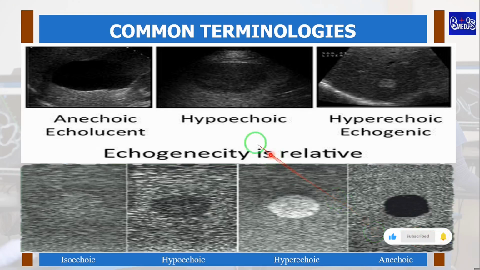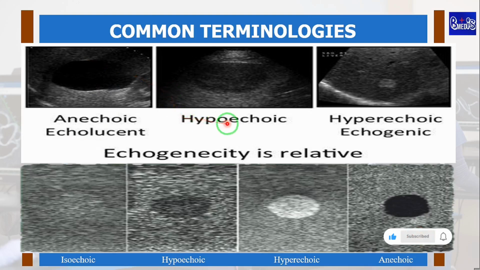Okay, so we'll now take a look at common terminologies and how we can appreciate them on the images. You can see this image here that looks like a cyst. This is a cystic image. It appears anechoic, that is echolucent. Anechoic structures are echolucent. They are devoid of any echo.